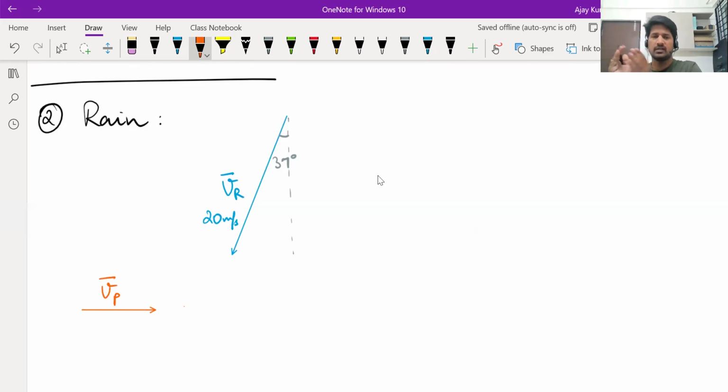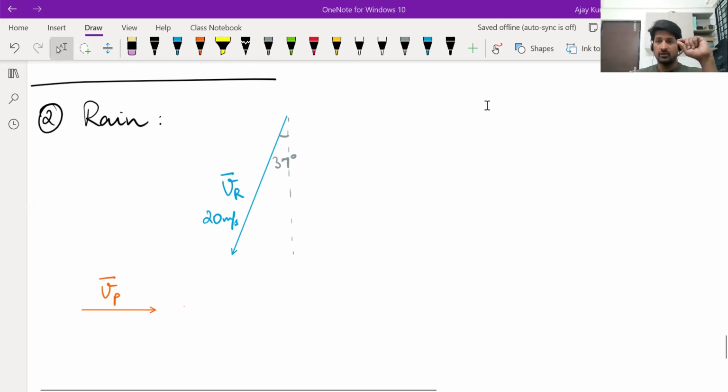Or will they tilt to the right and the angle becomes less than 37? What do you think will happen if the person is moving to the right? You have to imagine velocity of rain with respect to person.